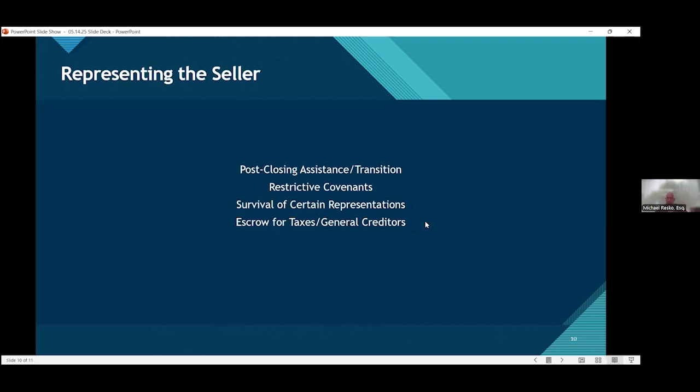It's also typical for there to be an escrow. I mentioned the AU 19610. That requires that an escrow be held until the waivers are delivered, but it's also common for the buyer's attorney to hold some escrow post-closing against any claims of general creditors that may come to light once the transaction has closed.